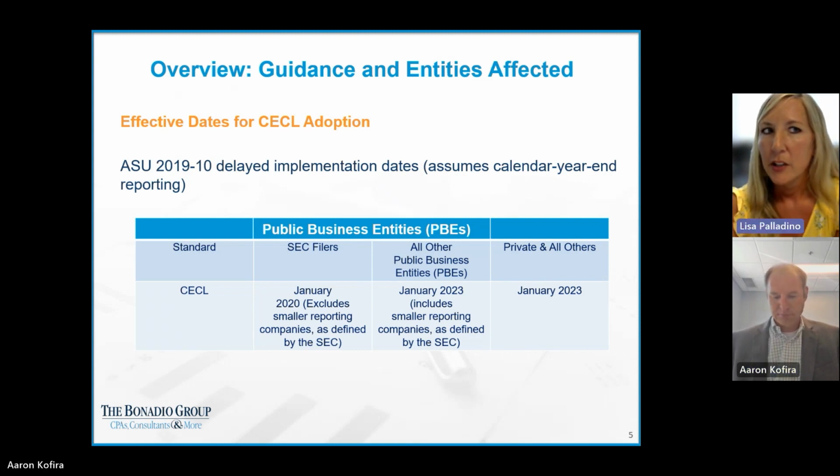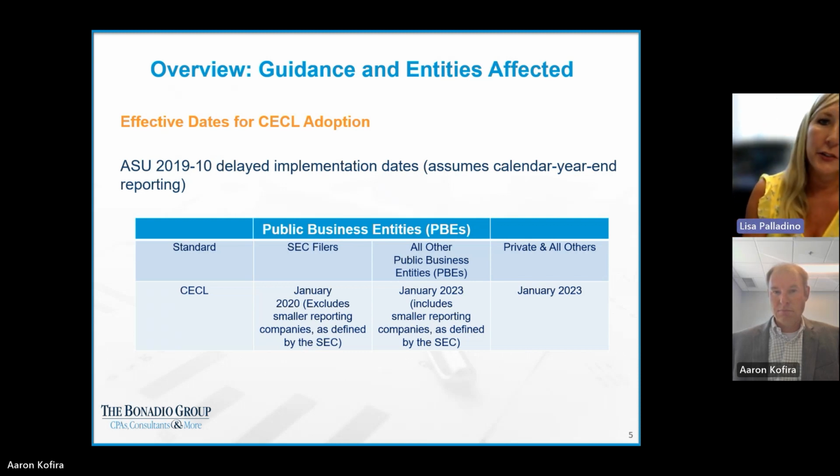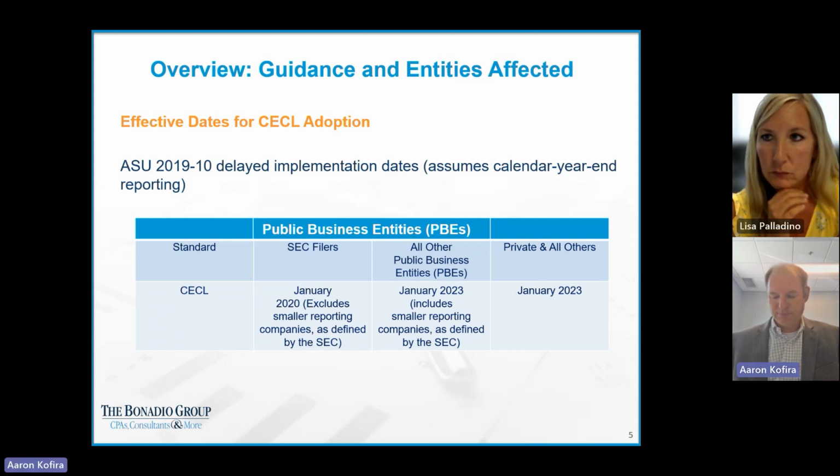Exactly, Aaron. If your internal financials are based on generally accepted accounting principles, then you should be applying this on your internal financial statements. If you're using the GAAP method.